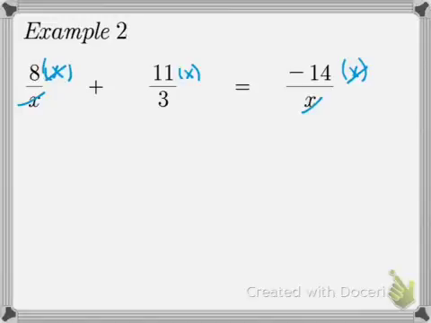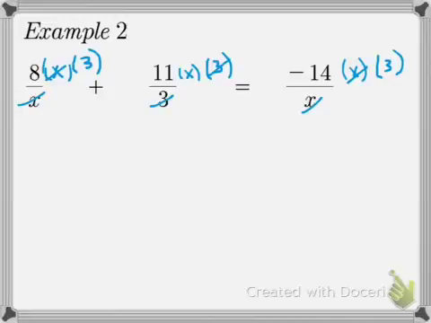Now I'm not done getting rid of everything that's on bottom. If you look at the second fraction, it also has a 3 on bottom. So I'd also want to multiply every single thing by 3. What that does is in the middle one, I'm allowed to divide 3 divided by 3, it cancels out.